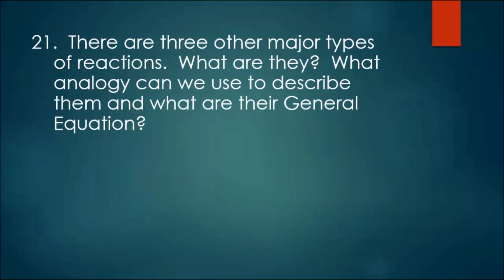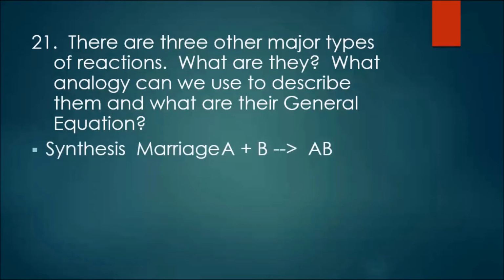There are three other main types of reactions that we've already talked about. What are they, and what analogy can we use to describe them, and what are their general equations? Synthesis.